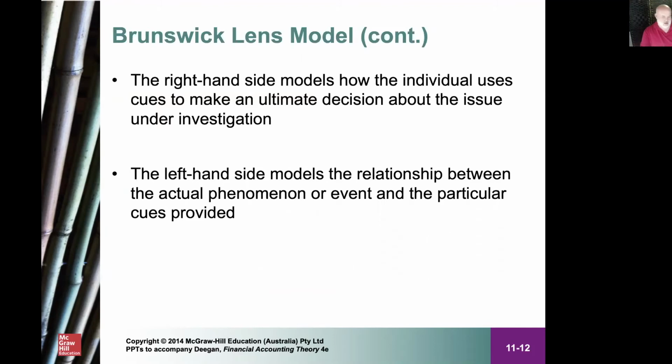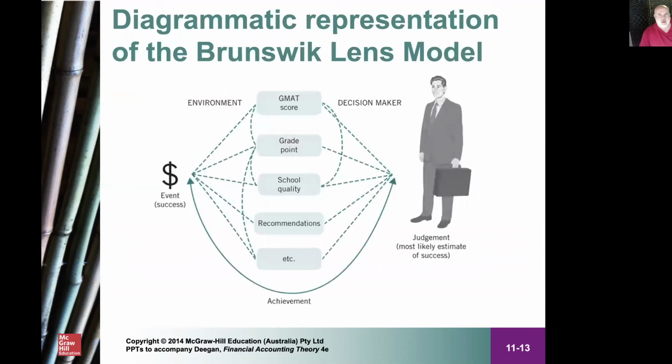Is there a relationship? We're trying to understand what cues help us in reaching a judgment. So we're trying to work out if someone's going to be successful. Some of the cues could be what their GMAT score was, which is a US entry score, or their grade point average, or the quality of the university they went to.